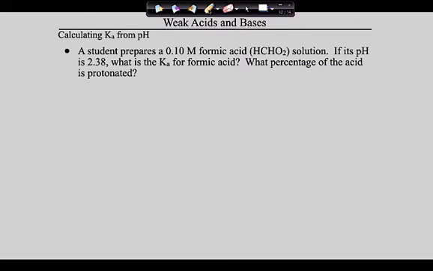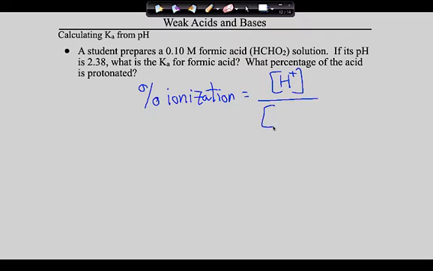We are going to calculate what is called percent ionization. Percent ionization is equal to the concentration of hydrogen ion divided by the concentration of the acid initially.